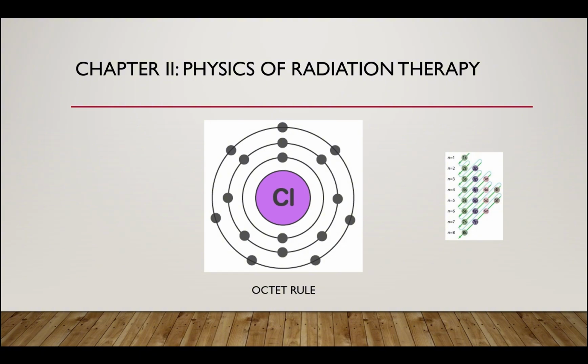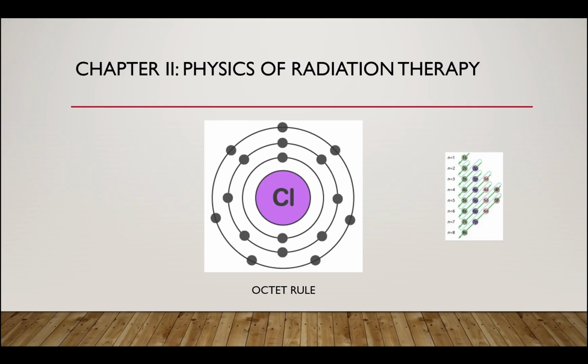Nakadepende dito yung valence ng atom. So, the valence of an atom is further classified into two: the positive and the negative valence. We can say positive valence when there are fewer than 4 electrons on the outermost shell. Kung meron itong 4 or less na electrons sa pinakalabas, or the outermost shell of the atom.